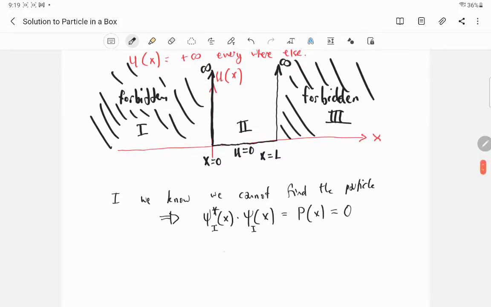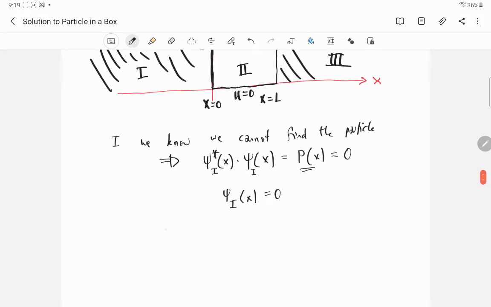And so what we're going to say is the wave function from region 1 is 0 because we cannot find the particle there. Also, the wave function from region 3 must also be 0 by the same argument. We're not allowed to find the particle there.